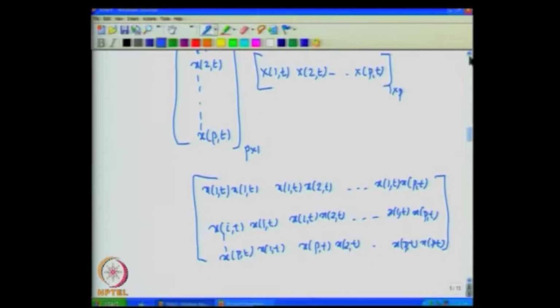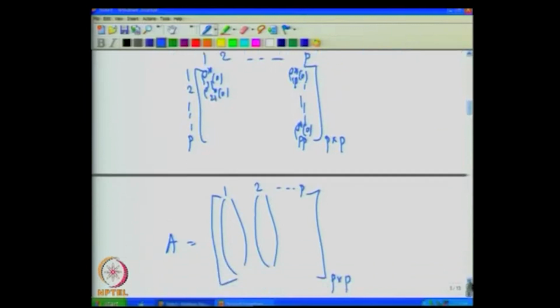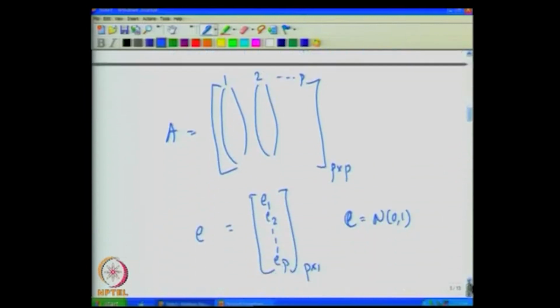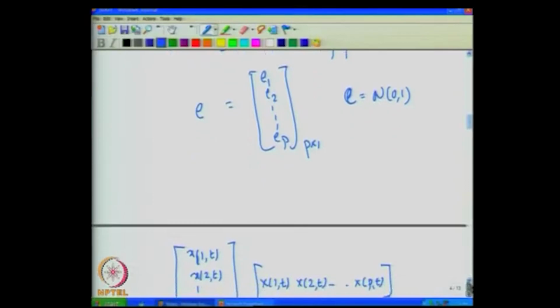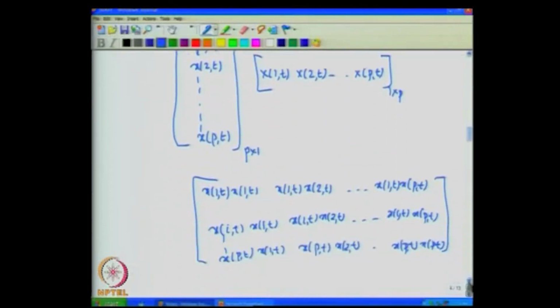What is it that I have done now? I have taken x t x t dash, and that multiplication is what I have shown here, and this matrix that we get is a p by p matrix, which is x t x t dash.